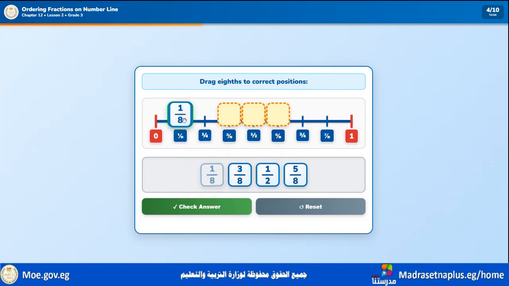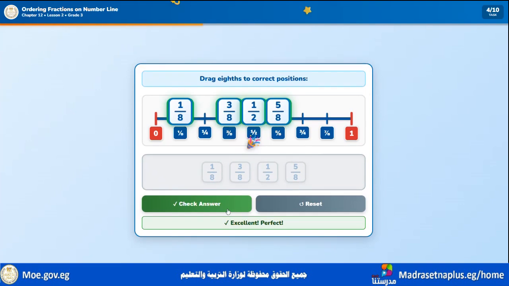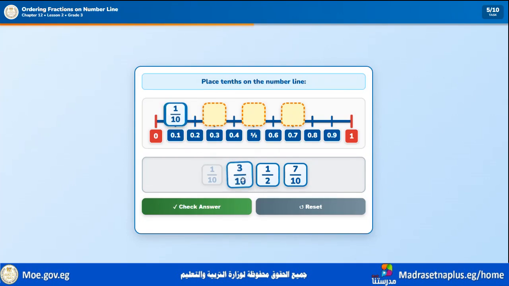1/8, 2/8 or 1/4, 3/8, 4/8 or 1/2, 5/8, 6/8 or 3/4. Tenths: 5/10 or 1/2, and so on.